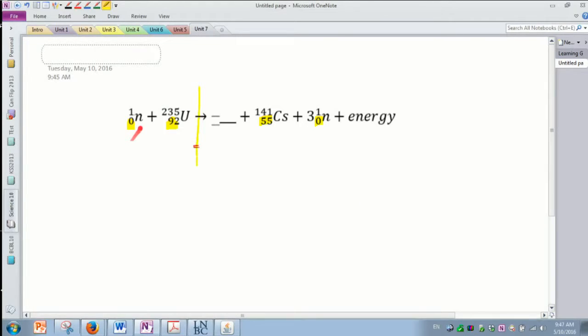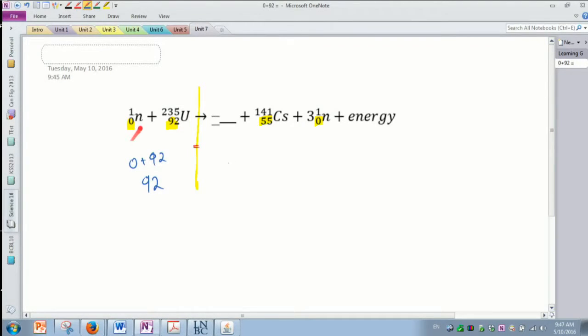If I separate everything at my arrow, how many protons do I have on the left side? I have 0 plus 92, which gives me 92 protons. That's the bottom number, the yellow ones, on the left side of my arrow.